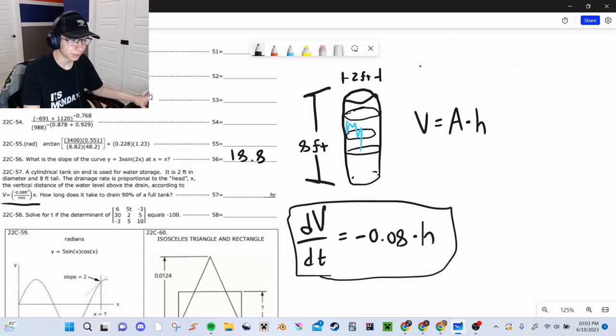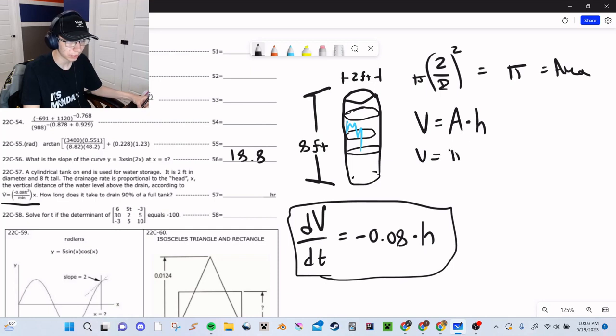The area is the diameter over 2 to get the radius, squared, times pi. Area of the base is pi, so the volume is pi times whatever the height is. Then I take the derivative of both sides with respect to time, and I get dV/dt is equal to pi times dh/dt.